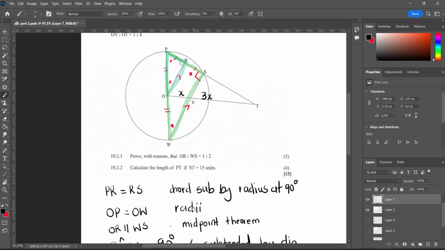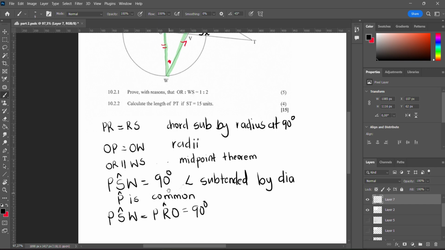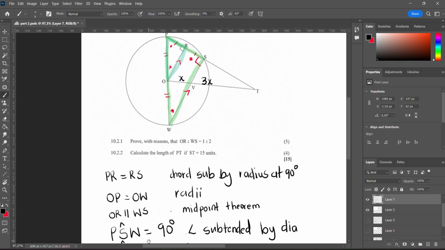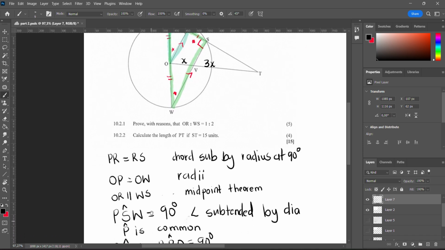And what do we also have? We have the first angle where angle P is common, right? And then we have angle POR.